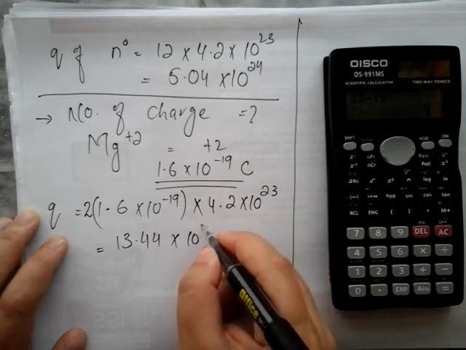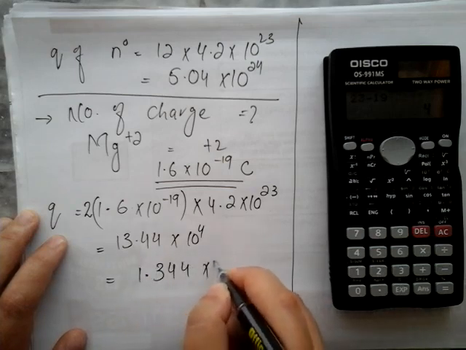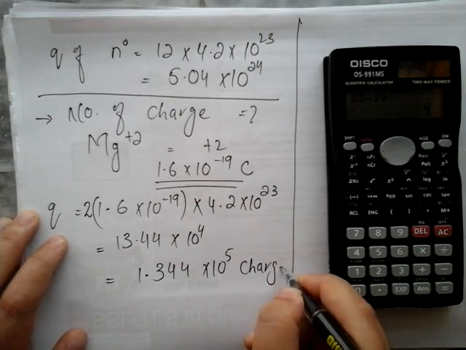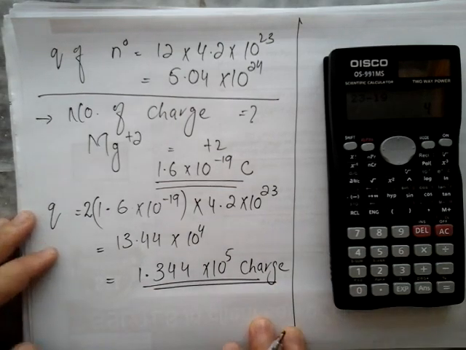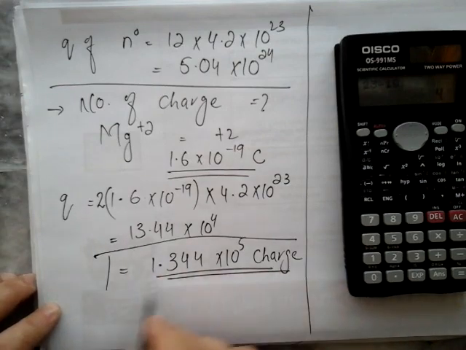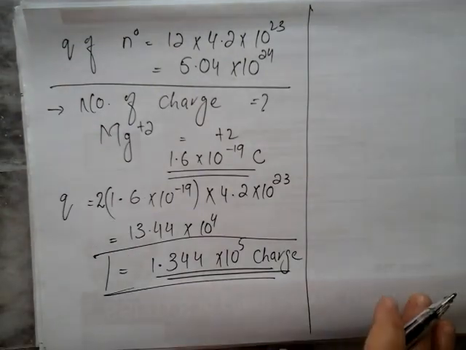It will become 1.344 into 10 raised to power 5 coulombs of charge present on this magnesium +2. So this is the value of charge, and this is how you can calculate the particles.